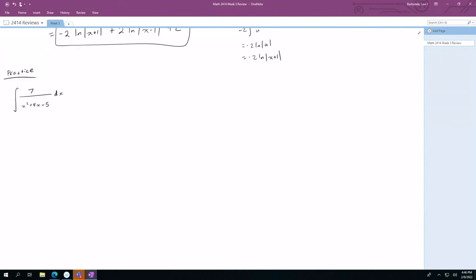And if we can't, then we should still try with negative b plus or minus the quadratic formula. Yeah, if you want. You might also want to consider u substitution, especially if you have polynomials on the numerator as well. You might also want to consider some of your special trig integrals. So if it's in the form x squared plus a squared, that might be a trig sub problem.